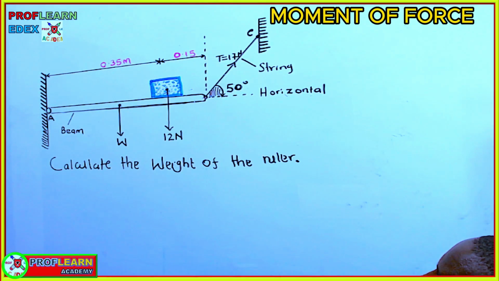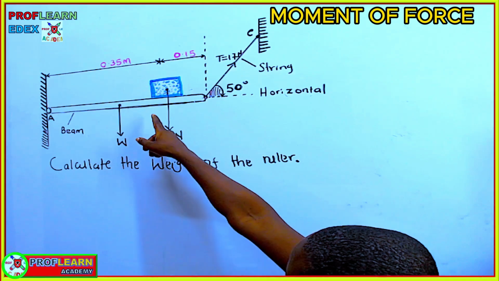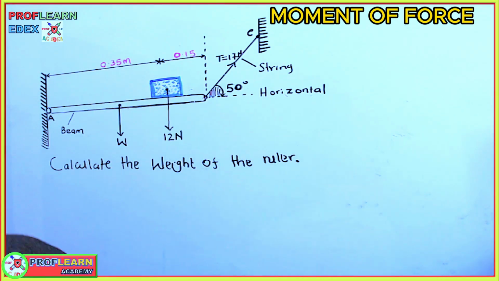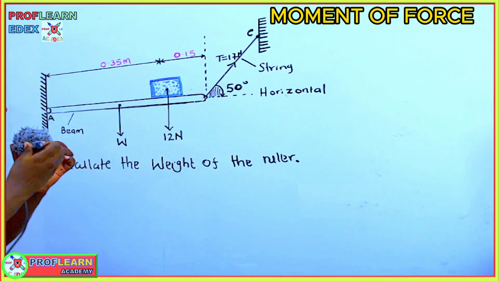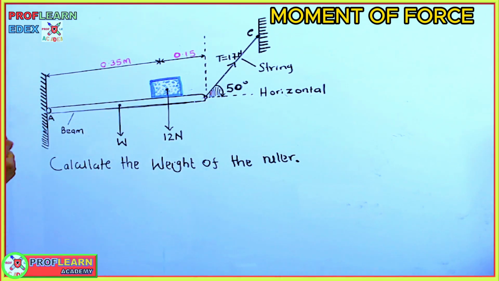In this question, we are supposed to work out the weight of this ruler. Something we need to remember is that we are told there is a mass placed at this point, which is 12 newtons.